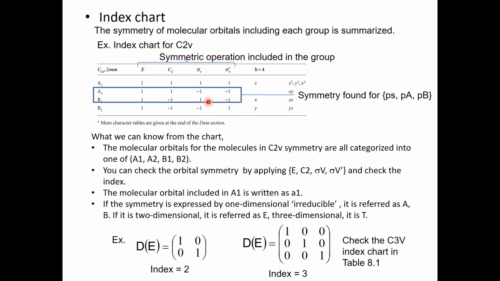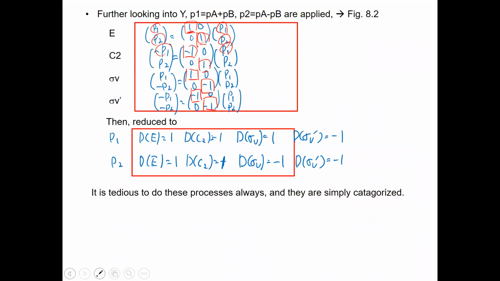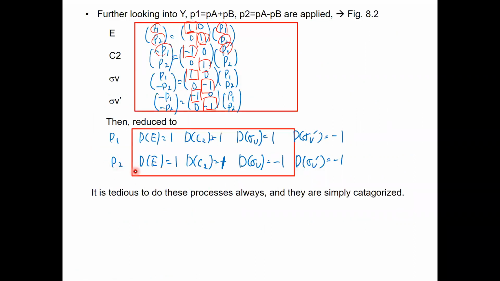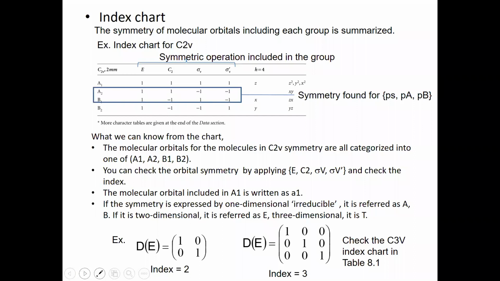So, for example, what we obtain here is 1, minus 1, 1, minus 1, which is included in the B1, 1, minus 1, 1, minus 1. So the molecular orbital P2 is actually included in the B1 symmetry.